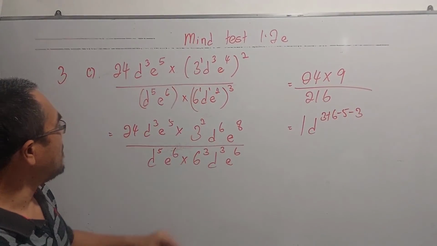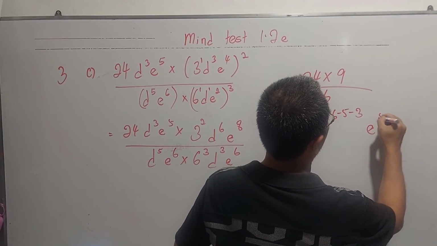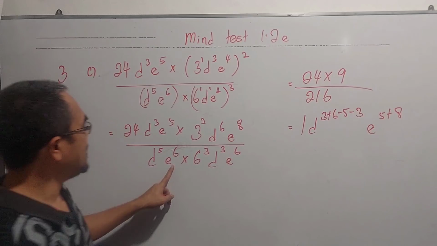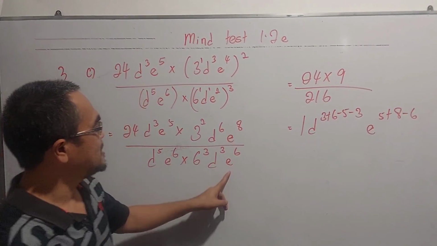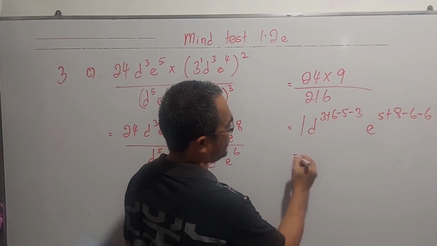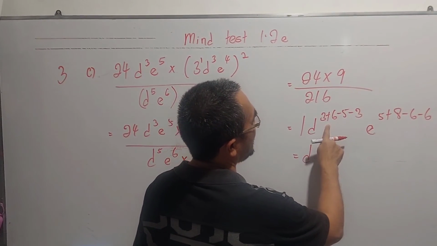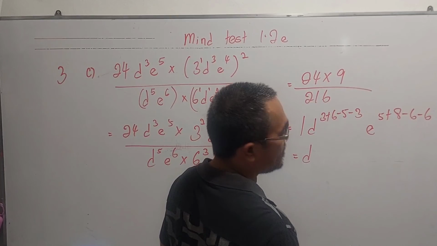Okay. And then how about E? E to the power of 5 plus 8. And then we have here minus 6. Then minus 6. Okay. So you don't write 1. So D will be 9 minus 5 will be 4. 4 minus 3 will be 1.